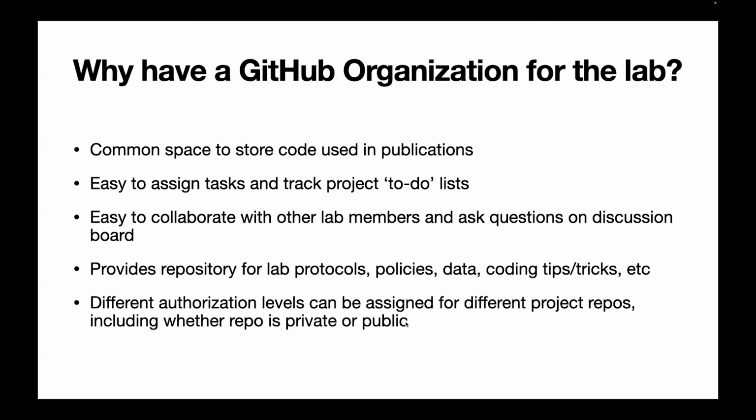Maybe you want 2 people to be able to do things and access a repo, but you're okay if people see it otherwise from the lab. That's an option. Otherwise, they can be set to private if you'd like. So there are different ways to set these authorization levels for different projects and different repos from a given organization.